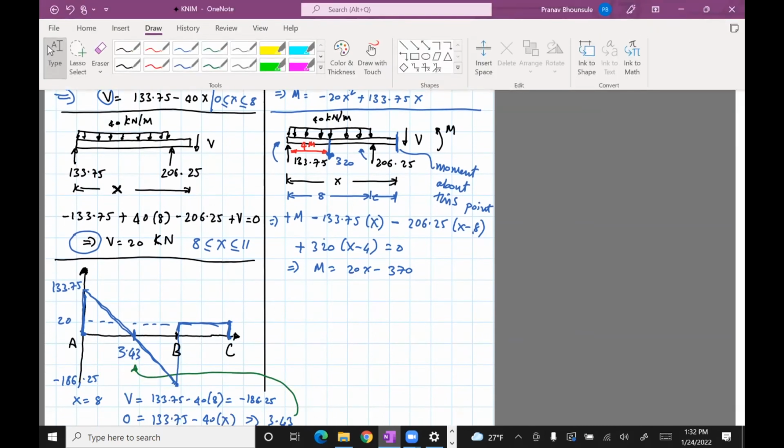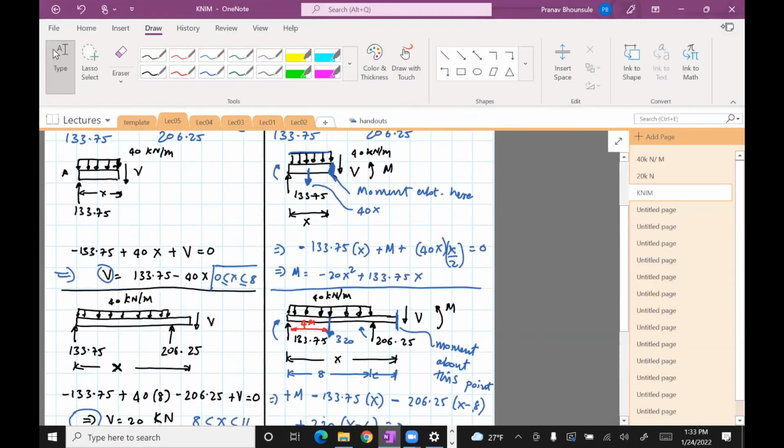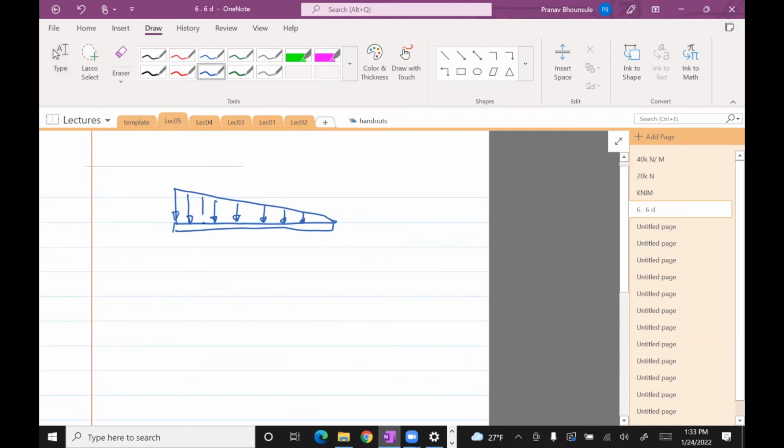Question? Starts off and starts to go down. Right, so would you just do half of that? So he's talking about this. What if the force is like a triangle?